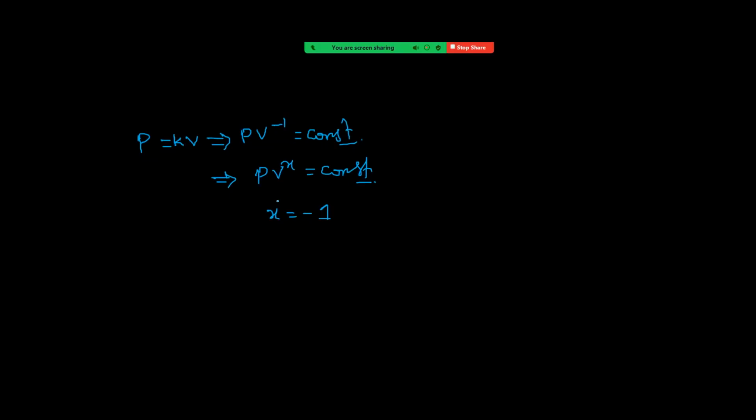It is now minus 1, right? And for polytropic process, we have derived that C equal to Cv plus R by 1 minus x. Now see carefully here. It is Cv plus R upon 1 minus x value, minus, that means 1 minus minus 1. It is Cv plus R by 2. Right? It is a direct one. Let us see the next one.